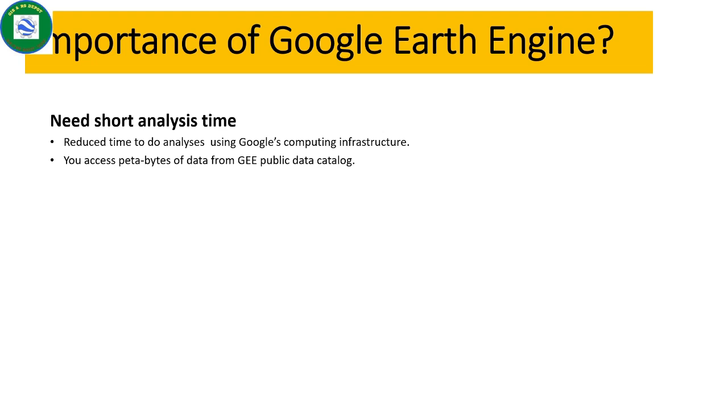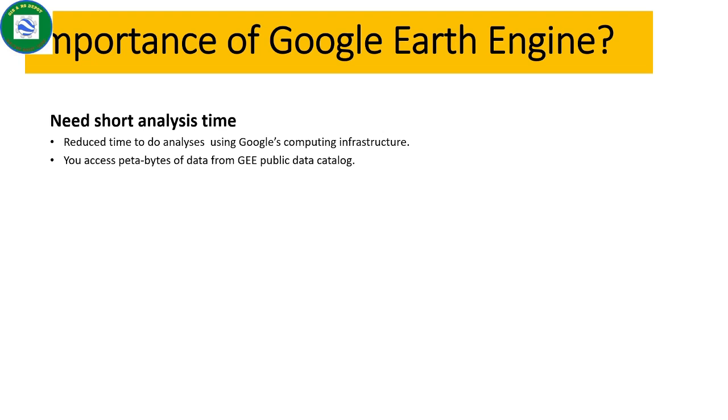As I already mentioned, more than 40 years of satellite imagery is available in the platform. Cloud computing power makes analysis very fast, which is why it is a very good platform for your analysis. Then collaboration and standard sharing.